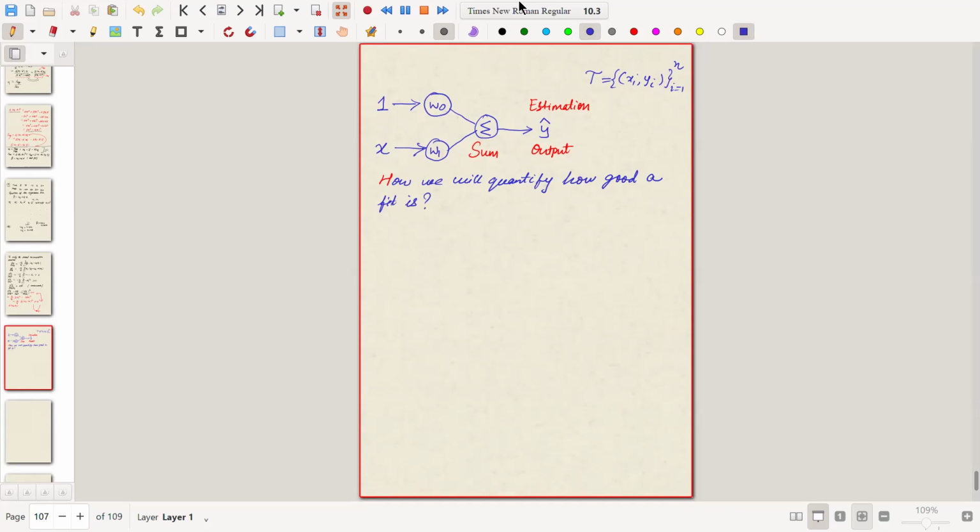There is something known as the residual. It's the same as error, but it's a different name. If you are computing it for each data point, that is known as the residual. We denote it by ei for each data point. For each data point, we are calculating the residual.